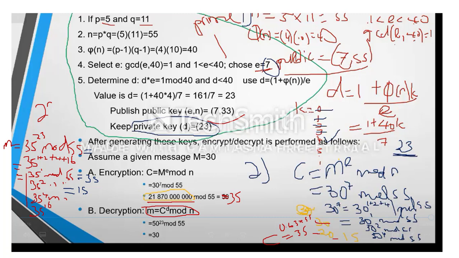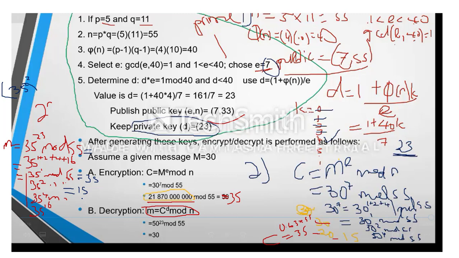Then 35 to the power 4, you can easily say 35 squared being raised to the power 2. Of which 35 squared you already computed and you got 15. Are you following?